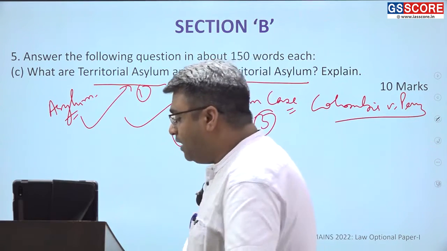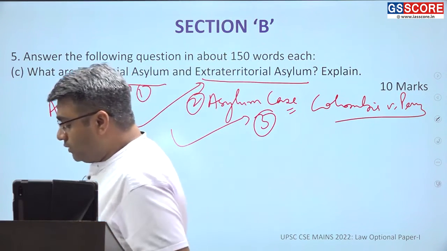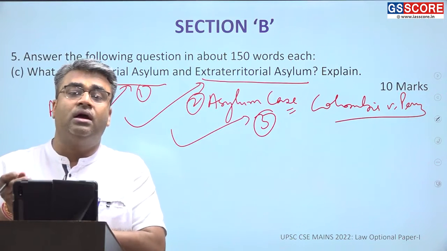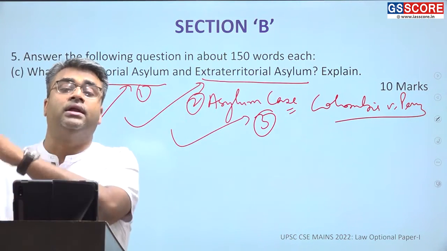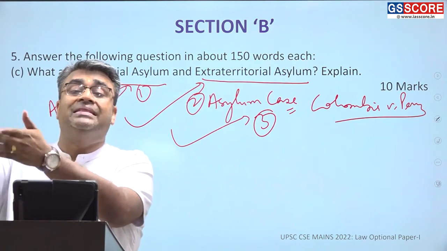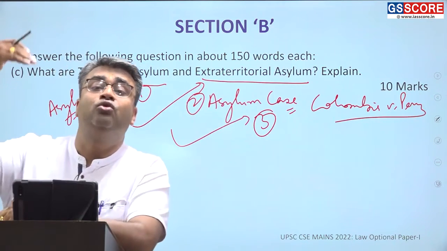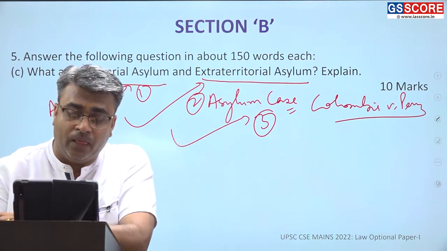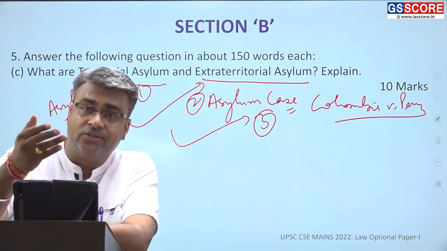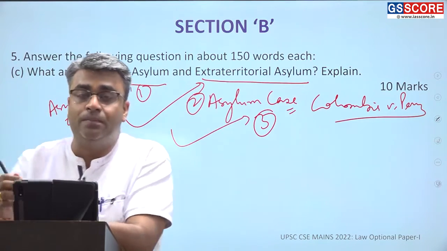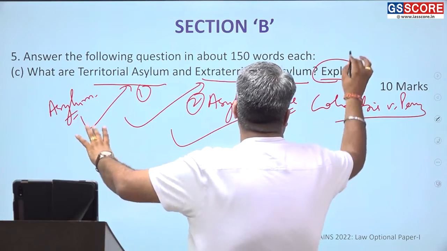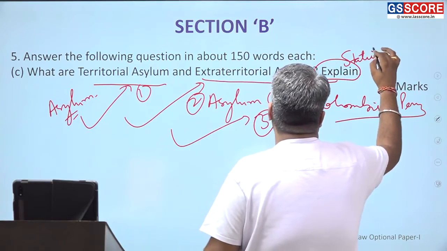Like, for example, Edward Snowden or the WikiLeaks founder Julian Assange, when they were given asylum in other countries, but not in their territory, first of all in their embassy. So this is a case of extraterritorial asylum. So simply just mention it, because it is just a static part, only static portion, nothing else.